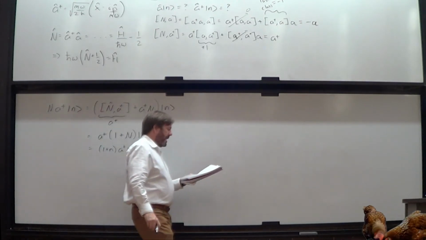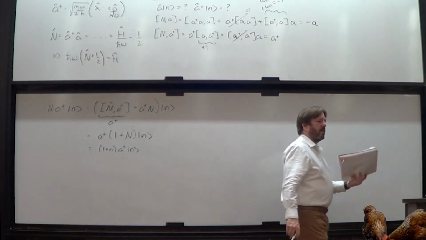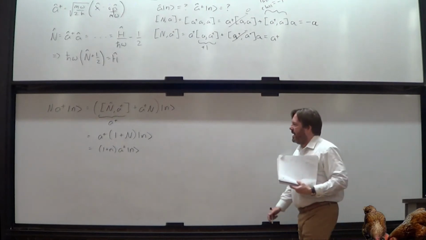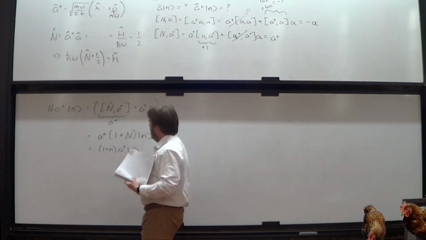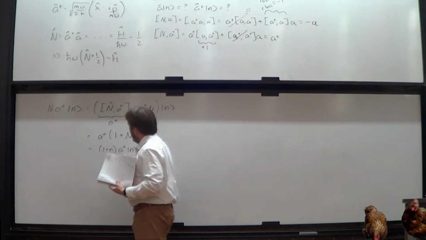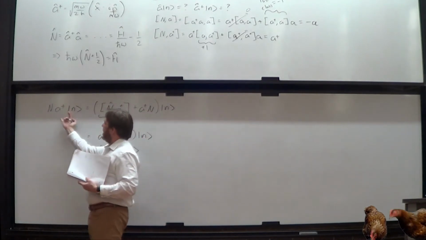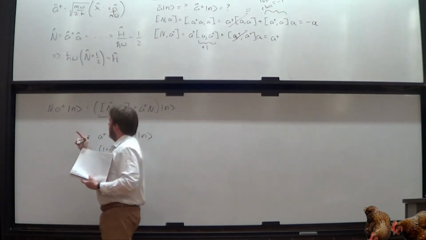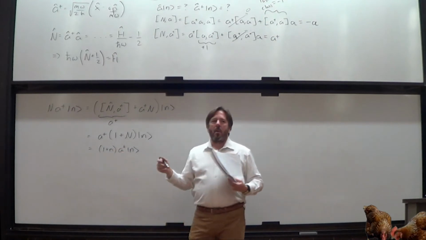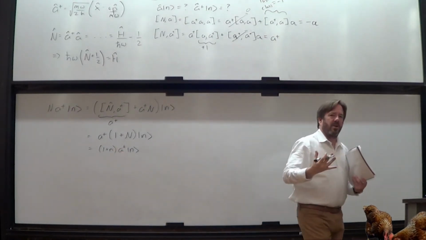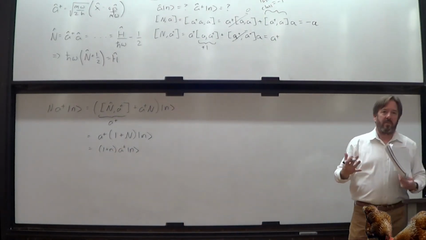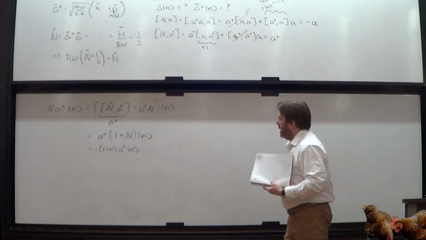Okay, so now we see what the creation operator does. It does something such that the number operator, remember N's job is to give you the quantum number, we figured that out already.